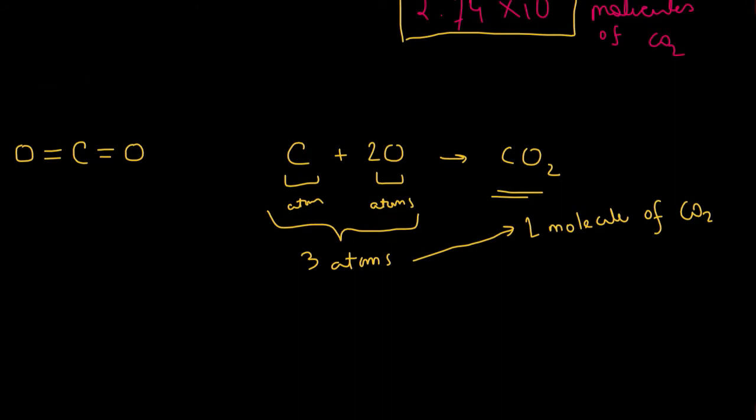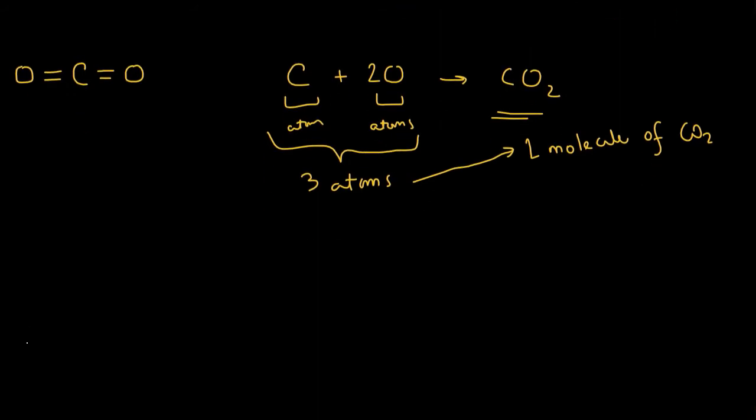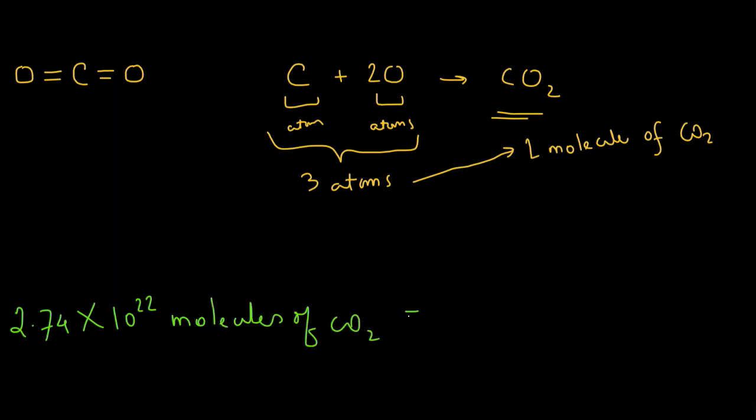Let me write it here again so that it becomes easier to understand. So we have 2.74 times 10 to the power 22 molecules of CO2, which is made up of 3 times 2.74 times 10 to the power 22 atoms.